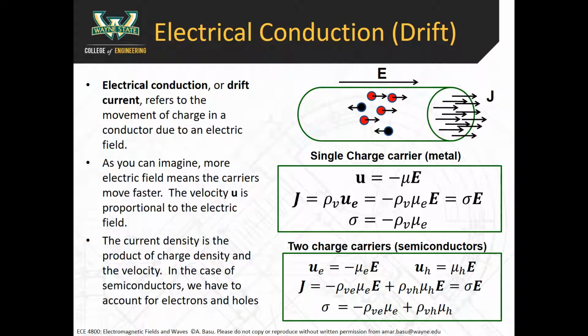We talk about this in my Electronics 2 class, but mobility actually has to do with the number of collisions. If you imagine a metal with a bunch of atoms, and electrons moving through the metal, the electrons might collide into other electrons, or they might collide into atoms. So the more collisions you have, the lower the mobility is going to be.